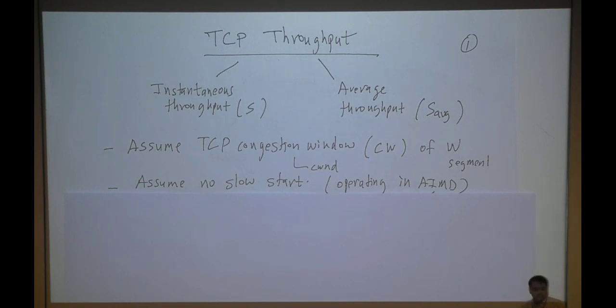Which means if I want to convert this to bytes, what do I have to do? If I want the congestion window in bytes, what do I have to do? Can you guess? I'm telling you the size is W segments, but I want it in bytes. So what do I need to know, and what do I need to do? Yeah.